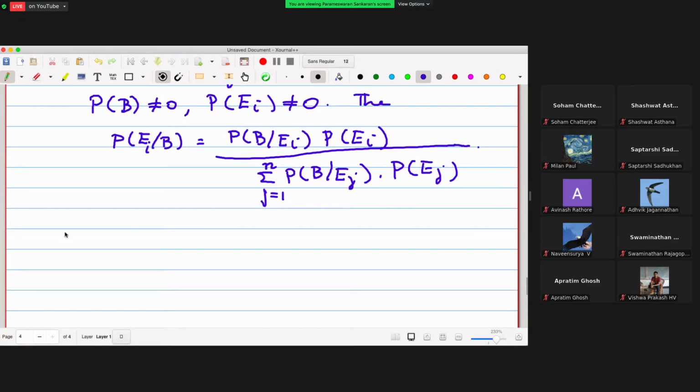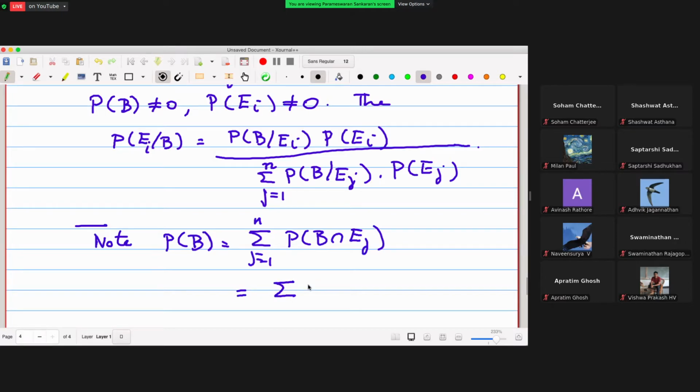Where does this come from? We need only note what has happened: the probability of B is equal to the sum over j of the probability of B intersection Ej. This is all that is involved in the proof, nothing more.